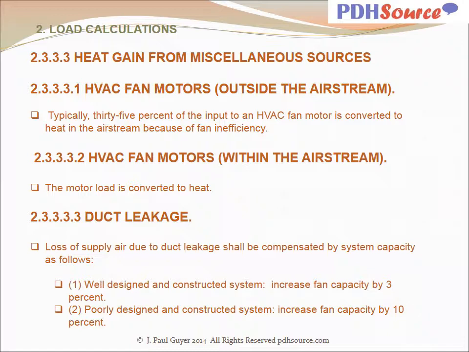A well-constructed and designed system might leak initially around 3%, and so that cool air or hot air, as the case may be, is just lost and has to be compensated for by additional cool air produced by the HVAC system. A poorly designed and constructed system might leak about 10%.